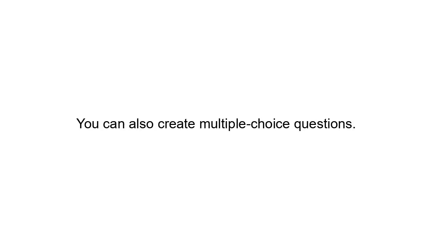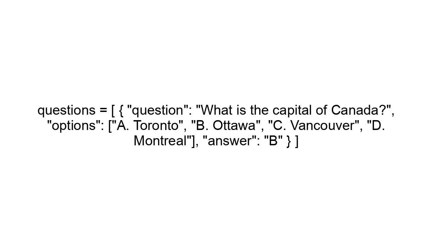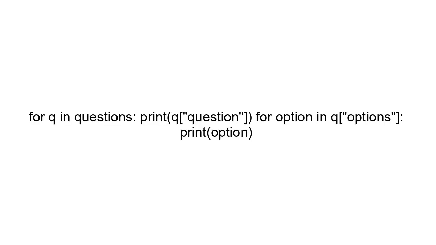Multiple choice quiz example. You can also create multiple choice questions. Questions = question: "What is the capital of Canada?", options: A. Toronto, B. Ottawa, C. Vancouver, D. Montreal, answer: B. Score = 0. For q in questions: print(q["question"]).